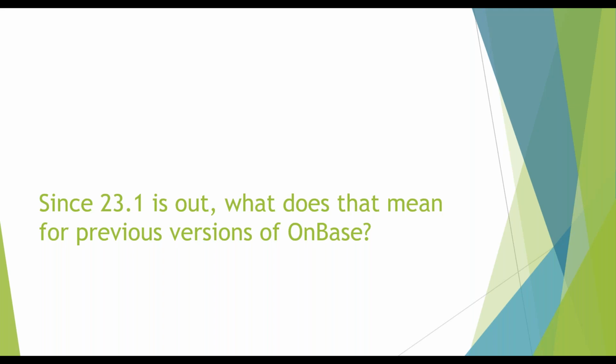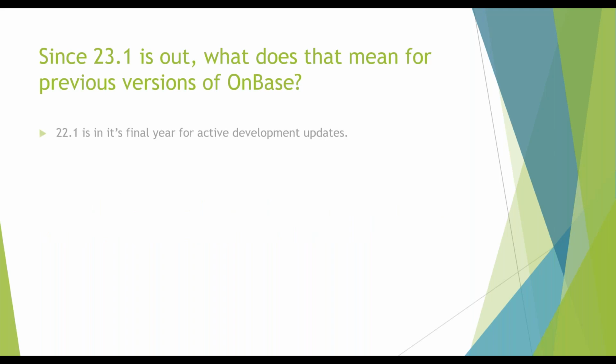So 23.1 is out. What does that mean for any previous versions of OnBase? First of all, 22.1 is in its final year of active development updates, so you'll still have updates for 22.1 until we get into 24.1.